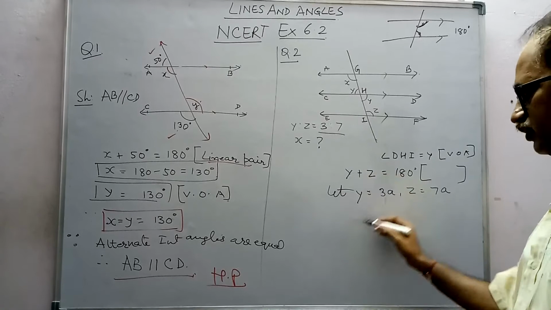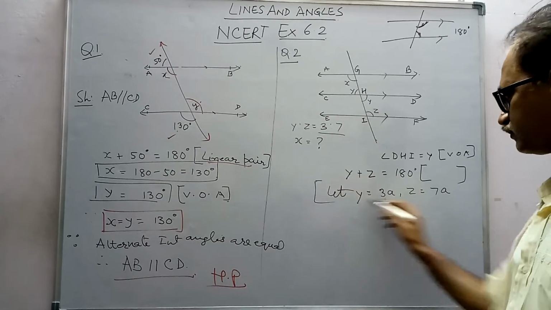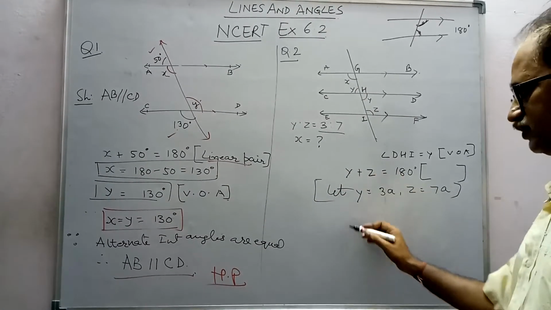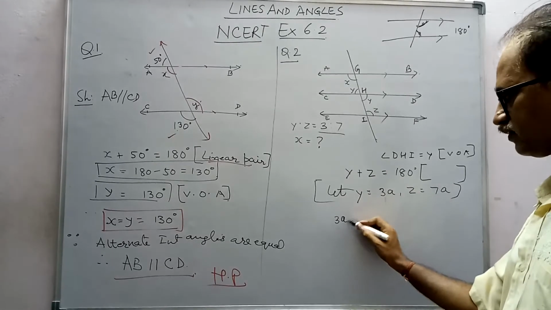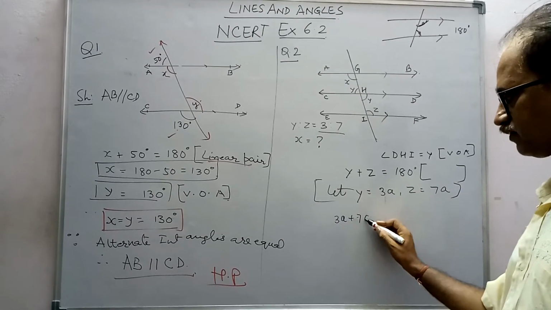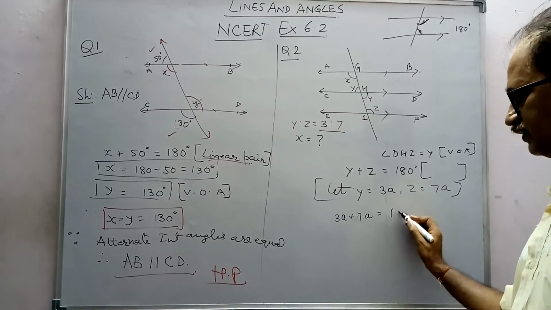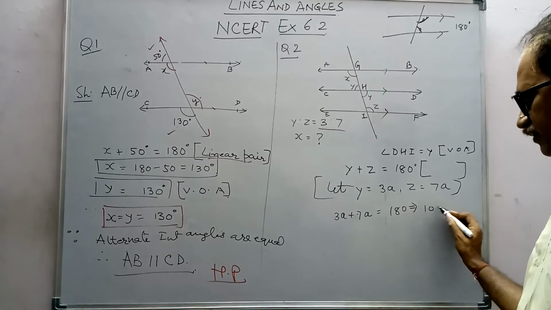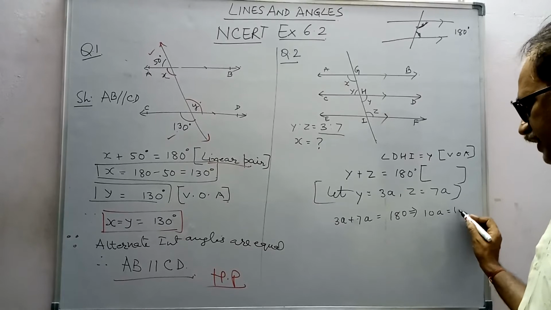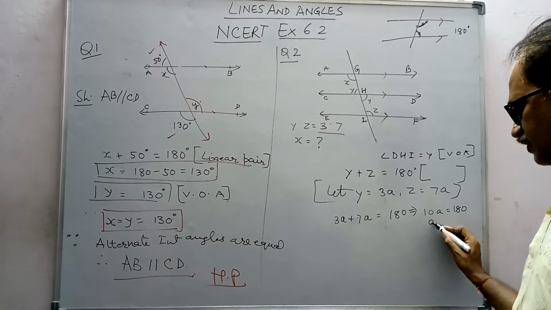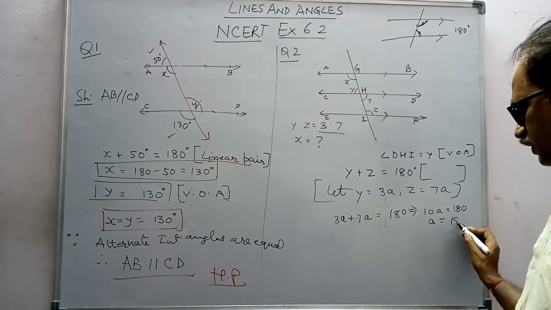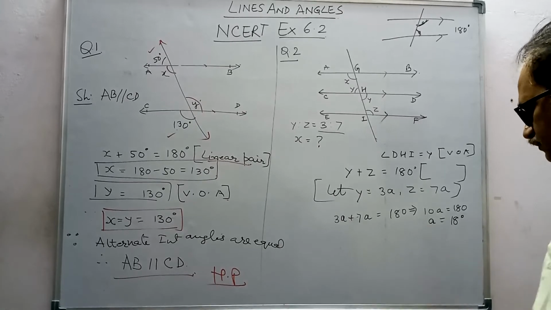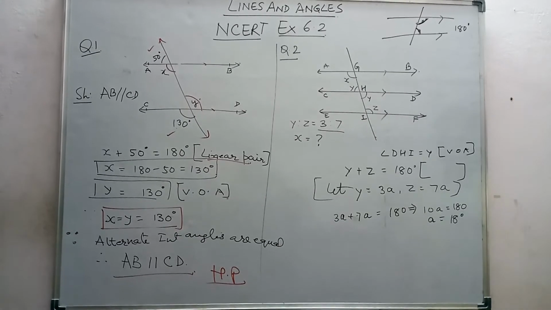Place these values here, so you get 3a plus 7a is equal to 180 degrees. This implies 10a is equal to 180 degrees. That means a is equal to 18 degrees.